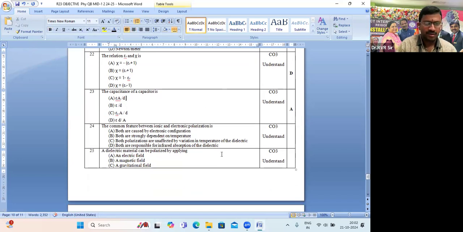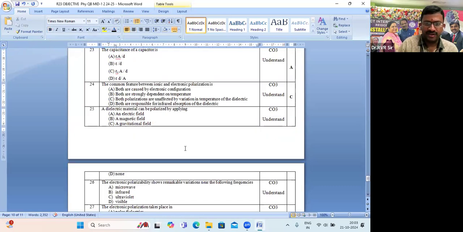Now coming to the 24th one. The common feature between ionic and electronic polarization is, if you observe the answer, option C. Both polarizations are unaffected by variation in temperature. Now the 25th one: the dielectric material can be polarized by applying an electric field.